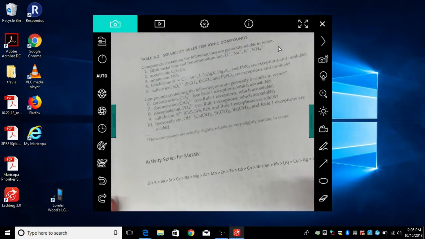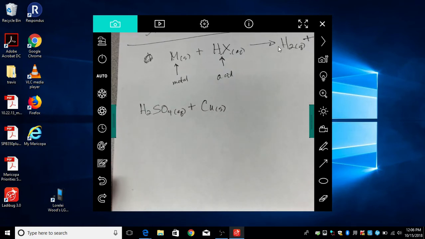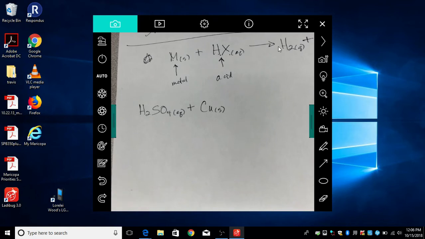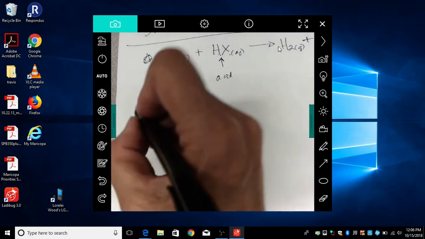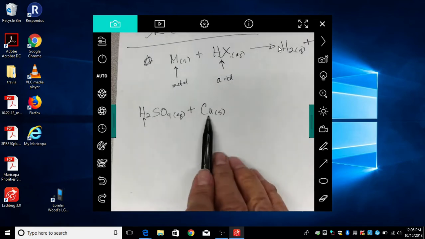We still have the copper in mind. Where's our copper? But now what do I have to compare the copper to see if it's going to react? Look at your activity series. Not the sulfate. Look at the activity series that I gave you. Hydrogen. Hydrogen is what you have to compare. When it's an acid and a metal, you compare the metal to hydrogen.